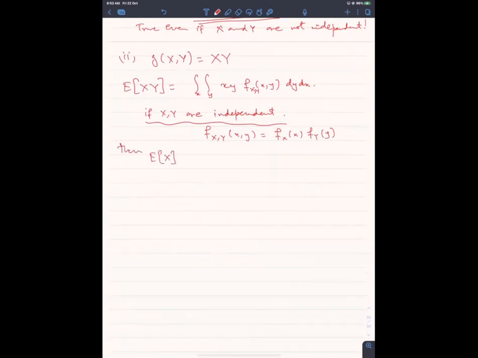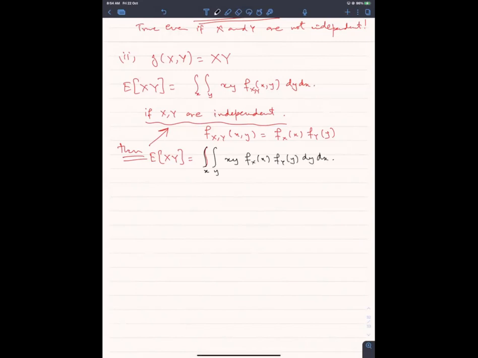Under this condition, expected value of xy would be equal to the integral of x y f_X(x) f_Y(y) dy dx.